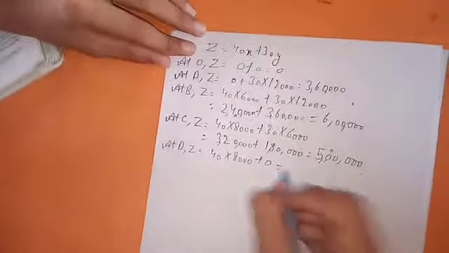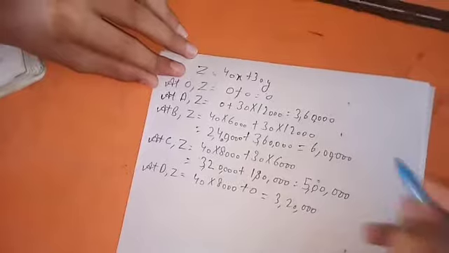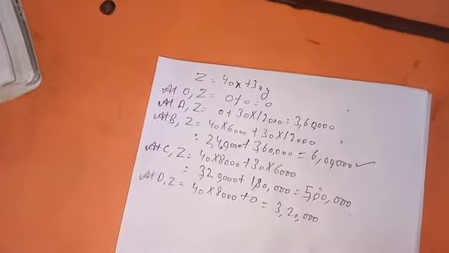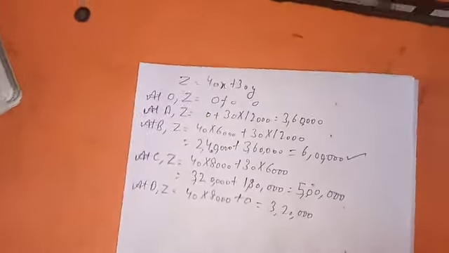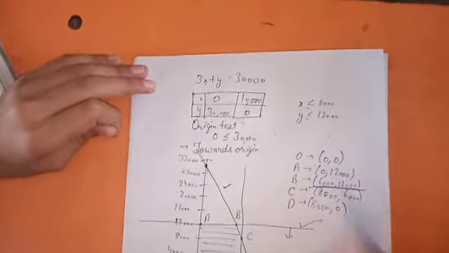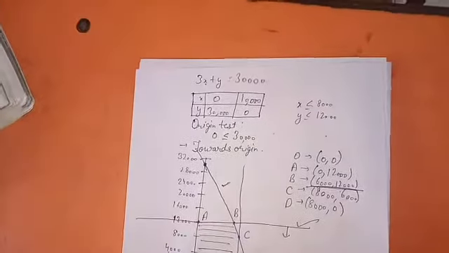So that is 3,20,000. So what is the maximum profit we have got here? That is this maximum value. Maximum value means we have got maximum profit. Okay, so what are coordinates of B? So this means these many products must be manufactured.